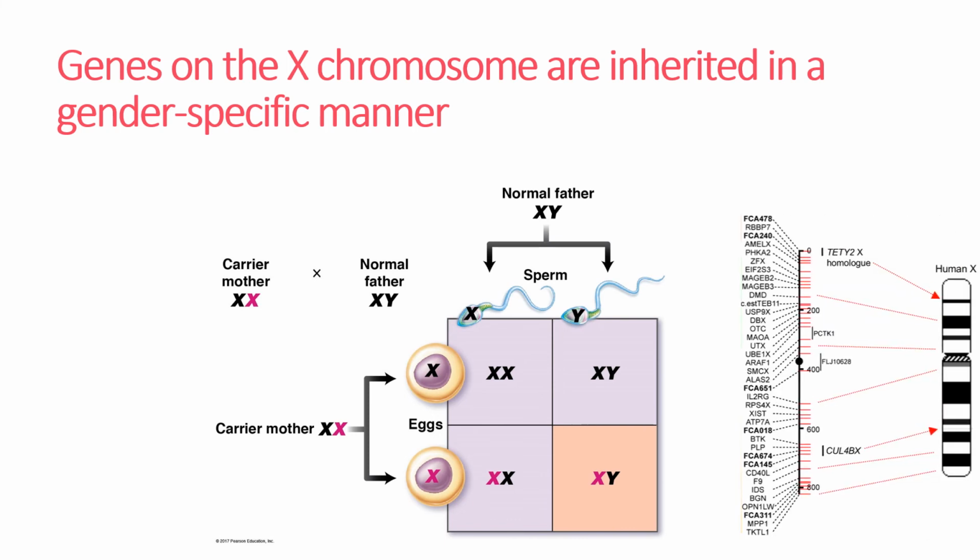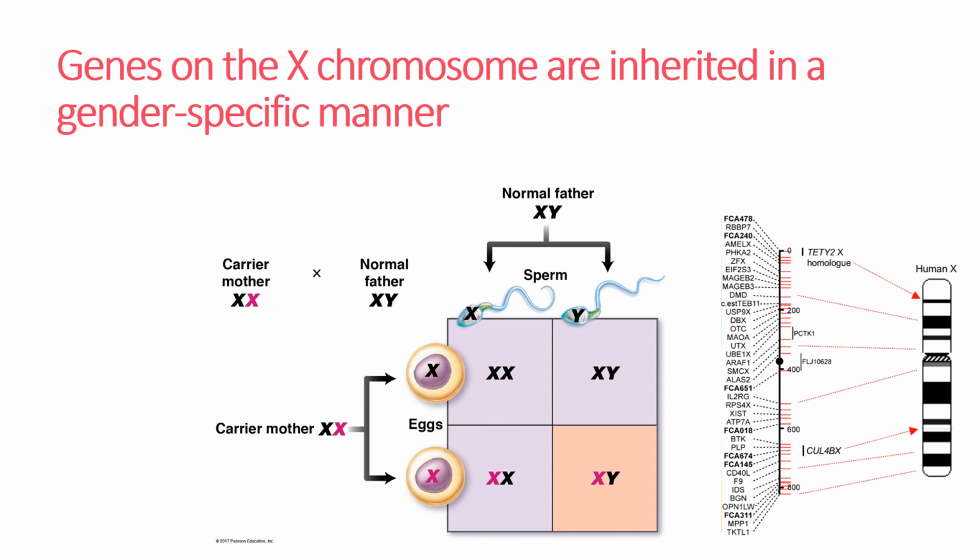Sex-linked traits are generally carried on the X chromosome, and this is a diagram of the X chromosome showing you that it does in fact carry or encode for a number of different genes.